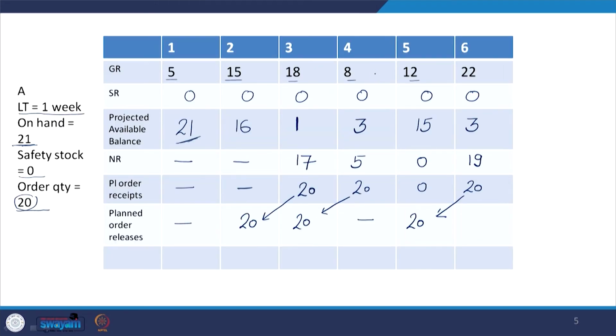Now, coming to the third period, the net requirement is 17, but since you are placing orders in quantities of 20, you have the requirement of 20 in the second week. Here you are placing the order in the second week, for the order which is coming to you for A in the third week.